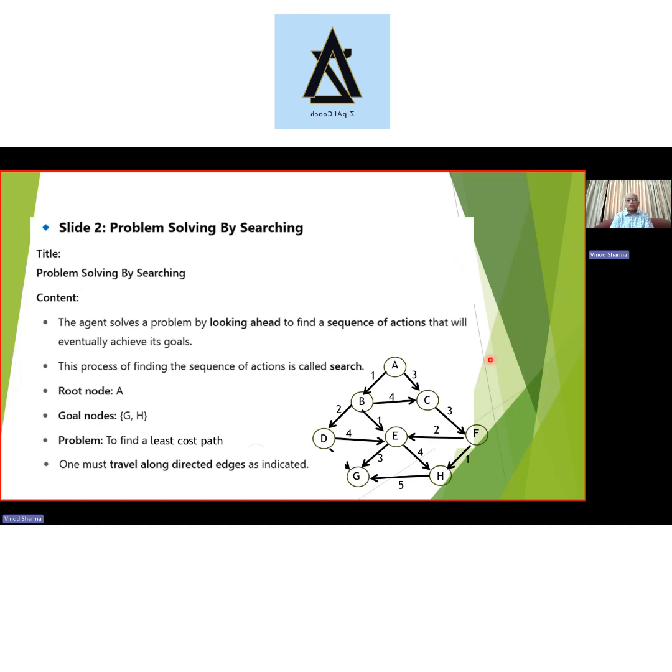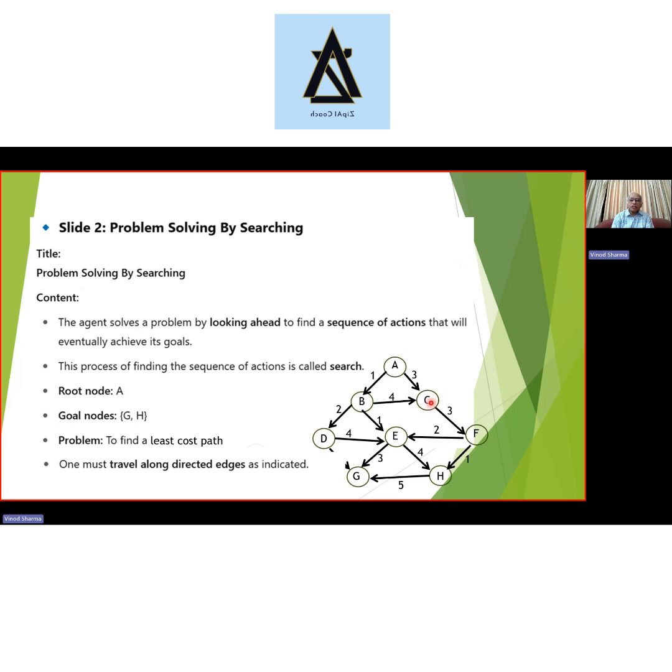We can represent this problem by a graph. In the graph, the different possible states of the world of the agent can be represented by nodes A, B, C, D, E, and so on. If it is in some state, let's say C, then the possible actions it can take are the edges with directed arrows coming out of it.